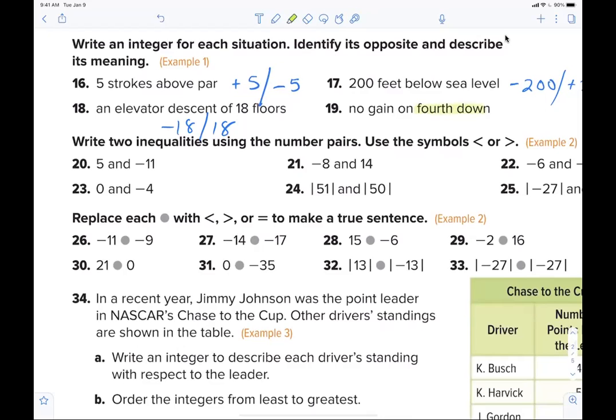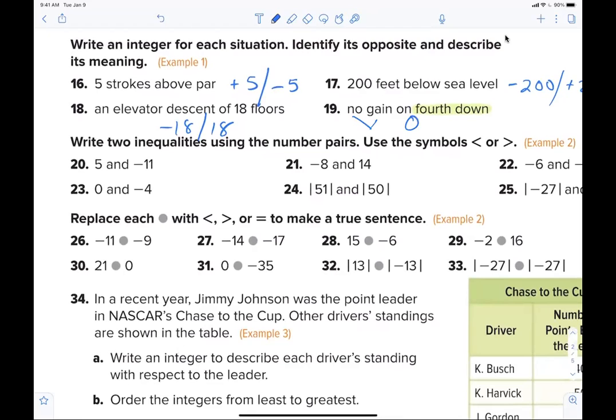This is just describing what down it is. If somebody said no gain, or you added no water to your water bottle, what does that mean? What number is that? 0. Yeah, that's all. So I think what they're talking about is 0. Is there an opposite to 0? What about number 4 and 10?